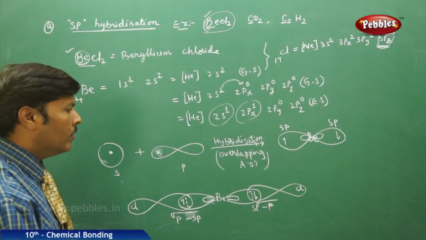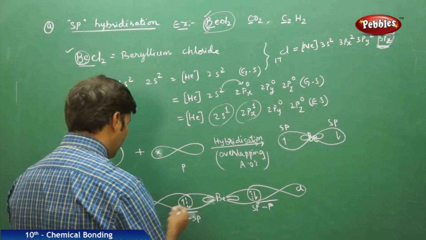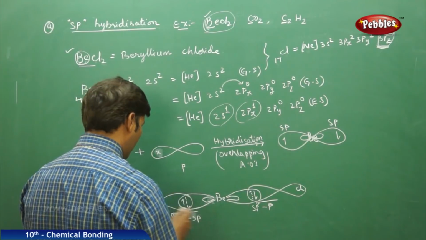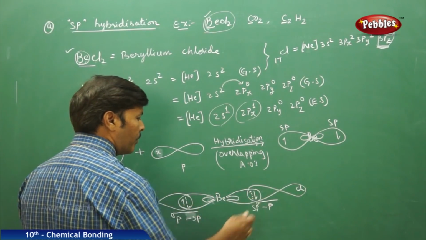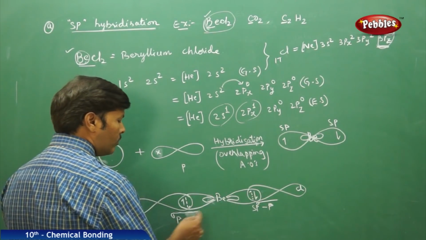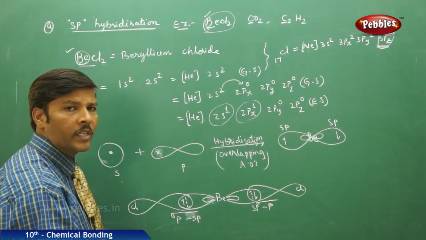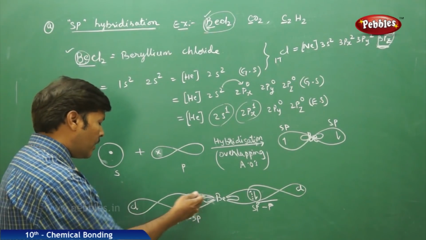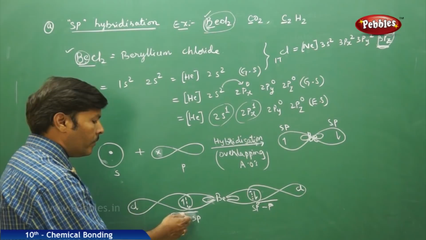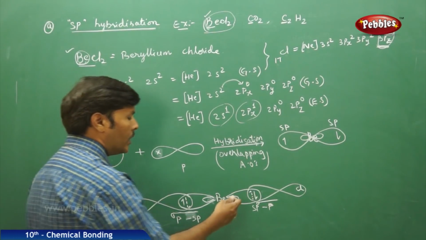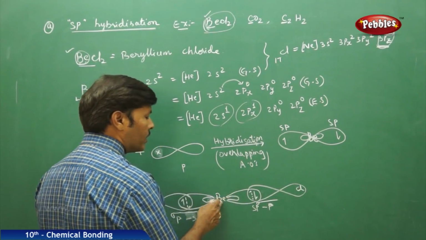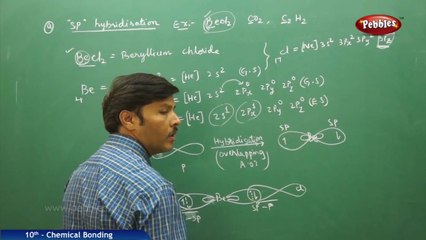So here what we are noticing is that beryllium, chlorine and chlorine all lie in the same plane. That is the reason we are getting two sigma bonds, and the overlapping taking place between beryllium and the chlorine is sigma of sp of p, and the overlapping of the second chlorine with the central atom beryllium is also sigma of sp of p.